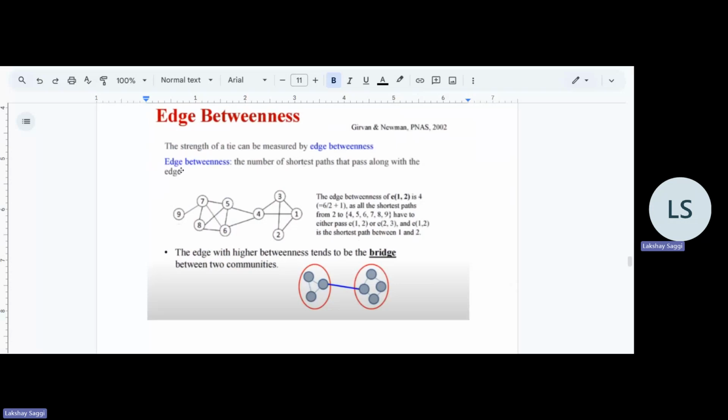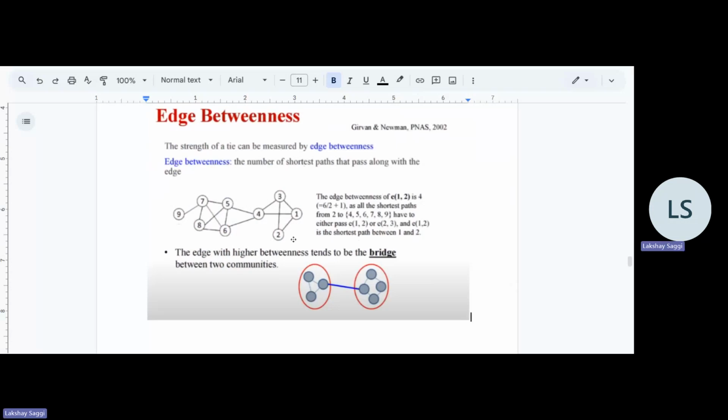For any edge, take any pair of vertices, find the total number of shortest paths between those vertices and the number of shortest paths which actually use that edge. This ratio, when summed over all pairs of vertices, gives you the edge betweenness.